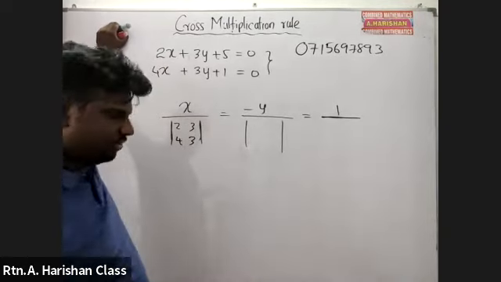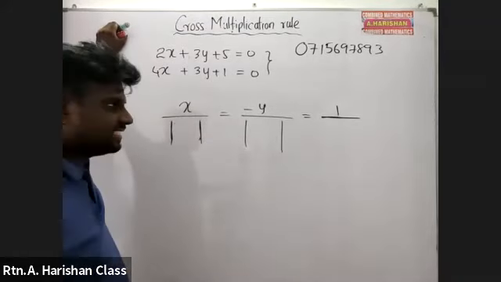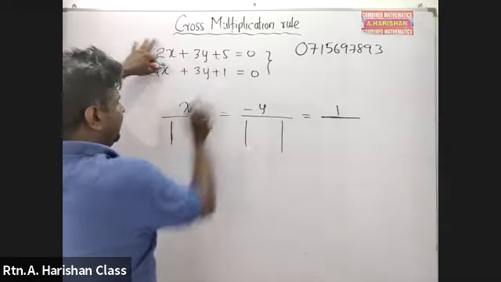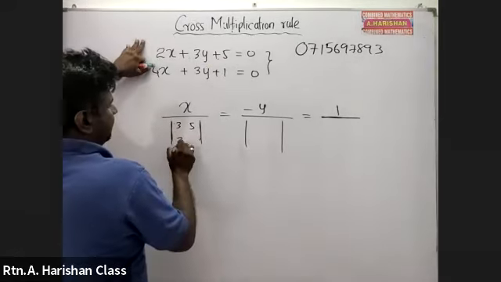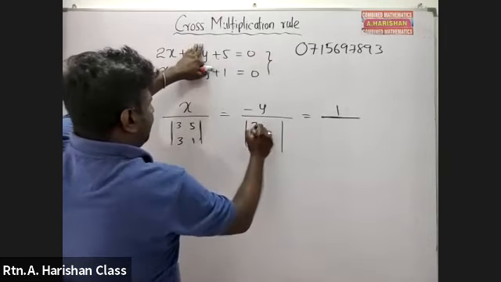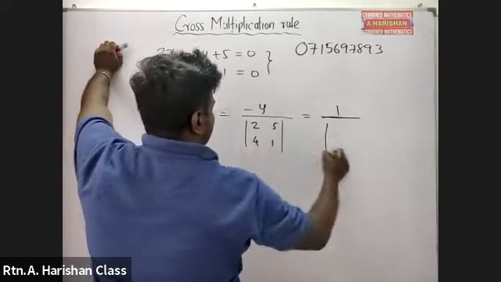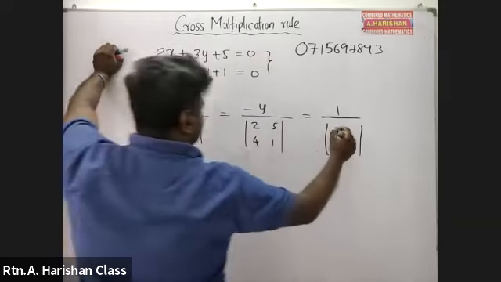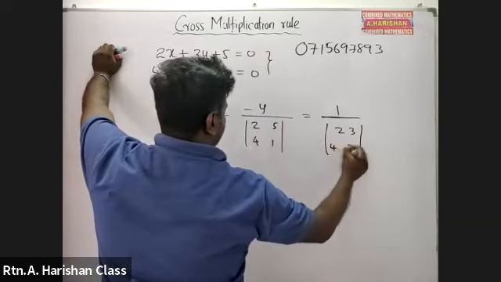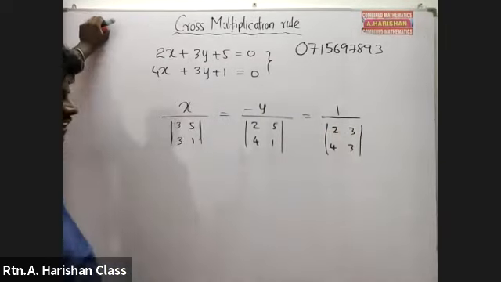Oh, no, wrong. You have to hide this. Put 3, 5, 3, 1. Then hide this. Put 2, 5, 4, 1. Then hide this. 2, 3, 4, 3. You have to have the space, otherwise you will read it as 23.